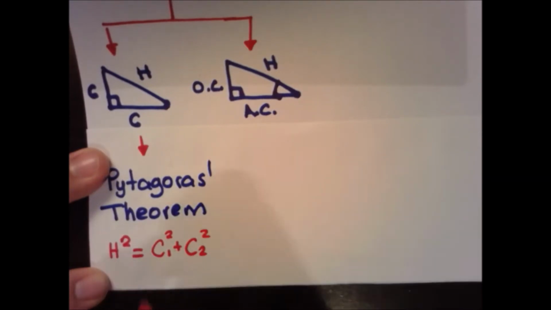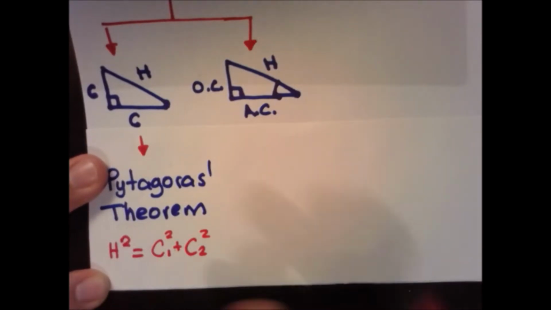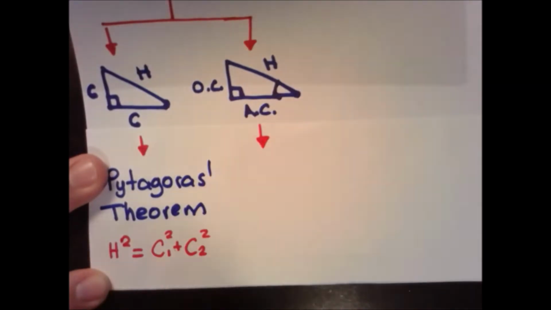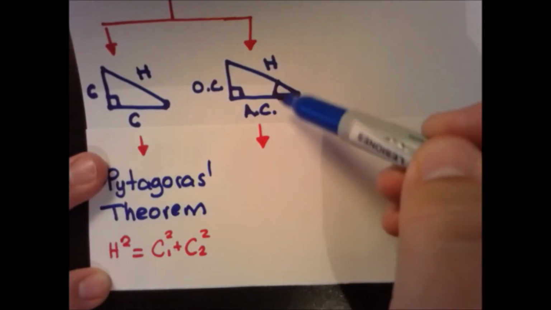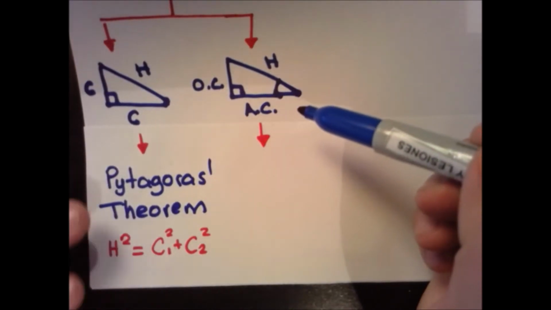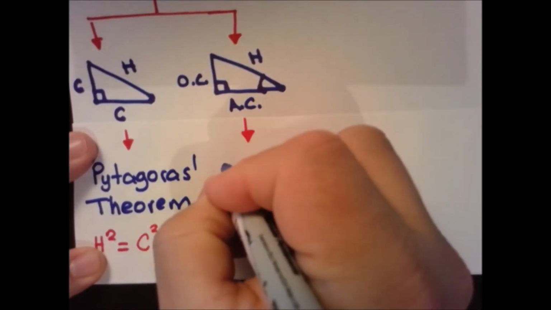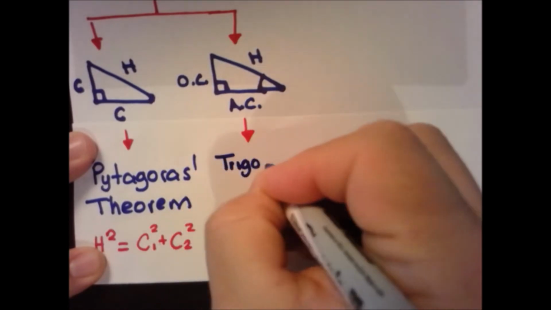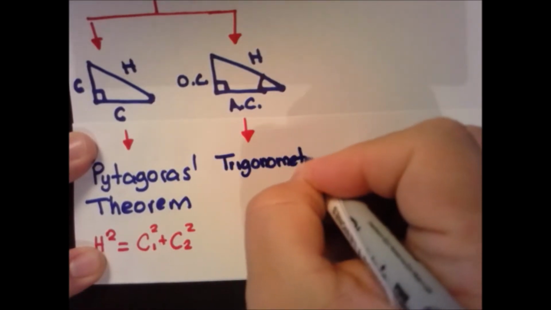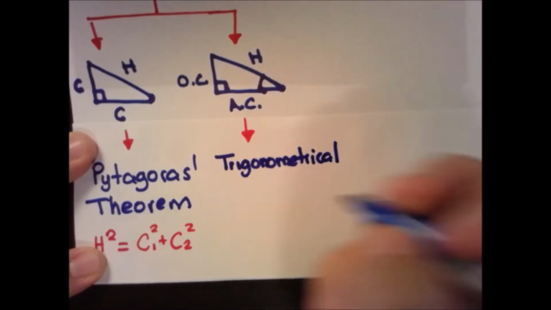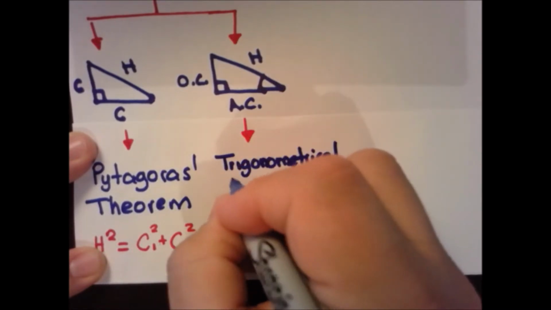So we add the square of each one, and this is going to be the same as the square of the length of the hypotenuse. But when we use a right triangle with a reference angle, or we want to calculate an internal angle, we are going to use trigonometric identities.